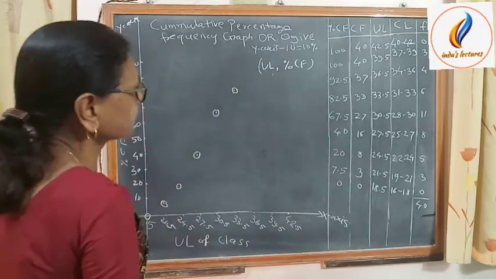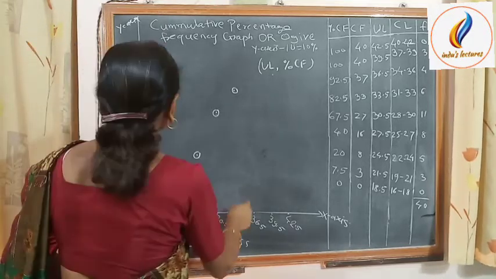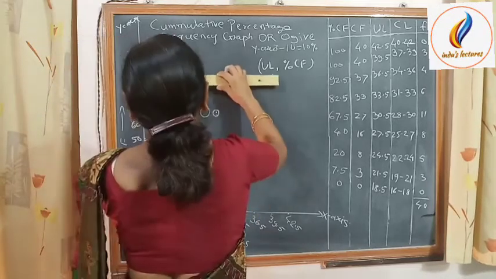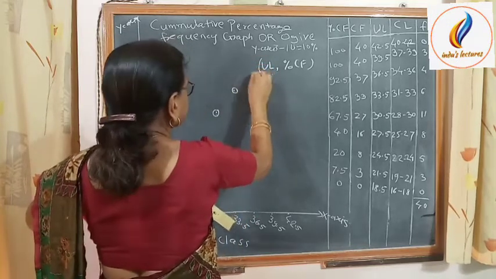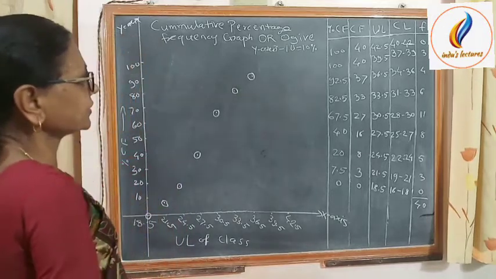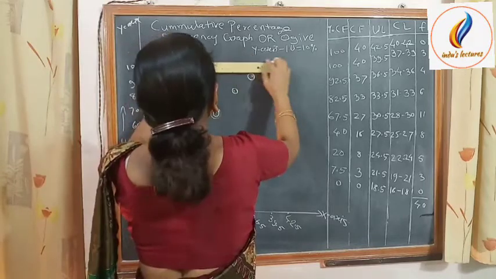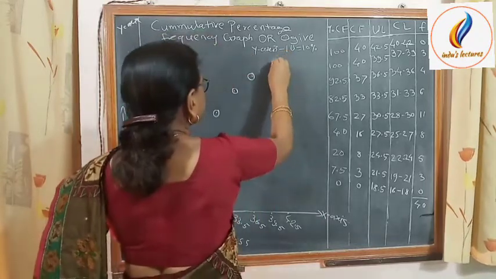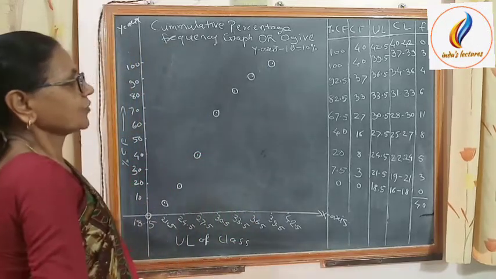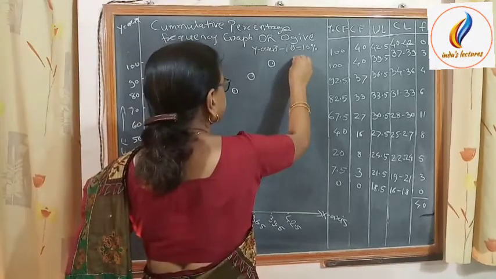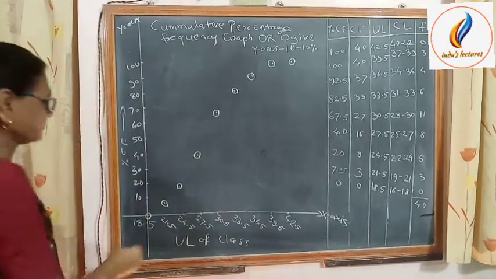The next one is 36.5, 92.5. The next one is 39.5, 100. So this is the point. And the last one is 42.5, 100. Now join these points by straight lines.